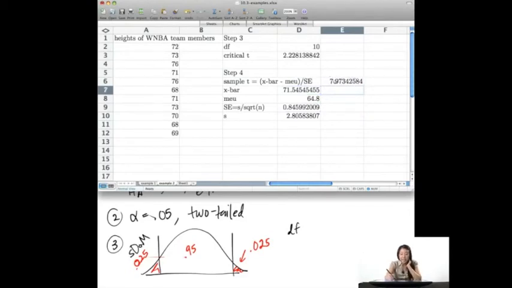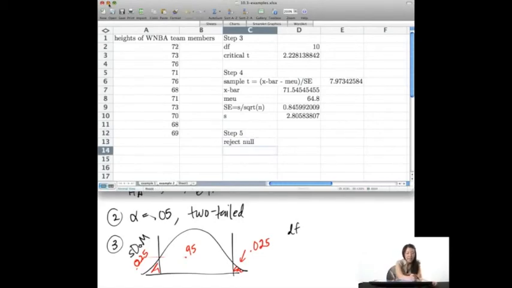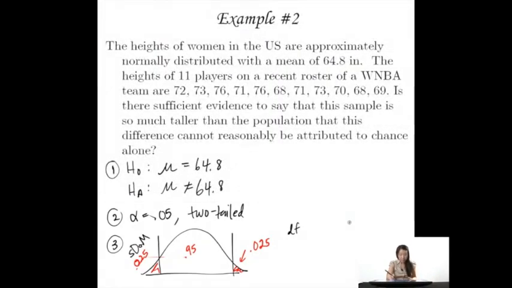And I get 7.97. So that's way higher than 2.23. So I'm pretty sure I can, step 5, reject the null, right? And so if I go back to my problem, then let me see. Is there sufficient evidence to say that this sample is so much taller than the population that this difference cannot be reasonably attributed to chance alone?